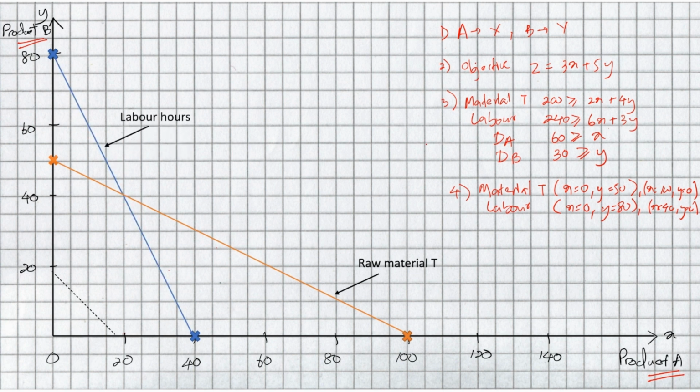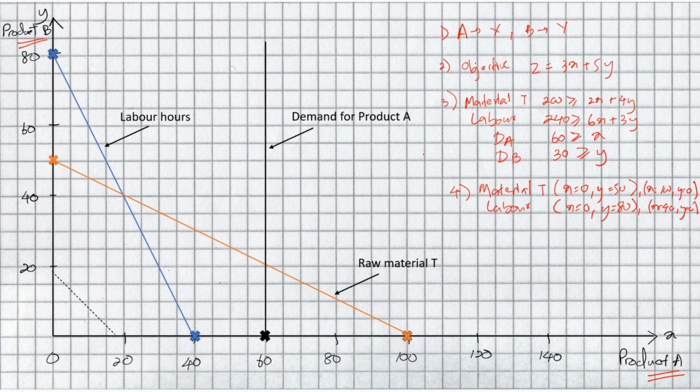How can we draw the lines for demand? The demand for product A is 60 and the x-axis represents the product A values. So mark the 60 on the x-axis, which is this point, and just draw a vertical line like this. This is the demand constraint line for product A. The demand for product B is 30.